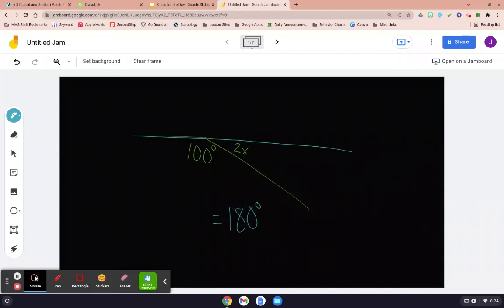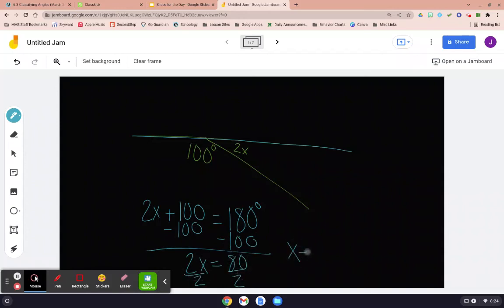So we can add them together. 2x plus 100 is equal to 180. So we would subtract 100 from each side to get 2x is equal to 80, and then divide by 2, so x is going to equal 40 in this case.